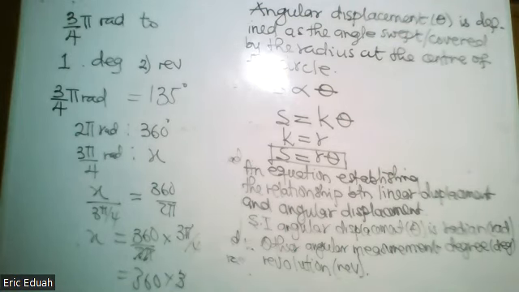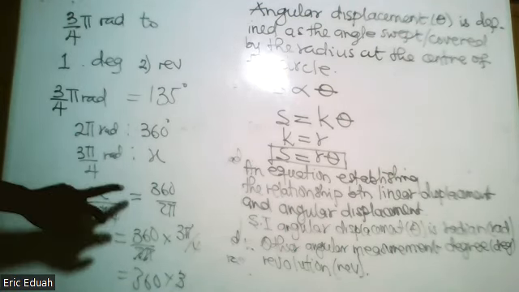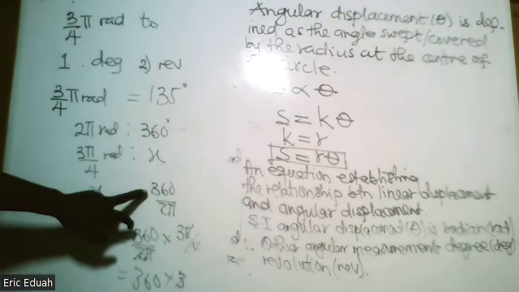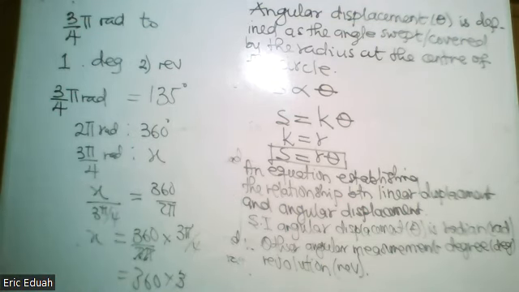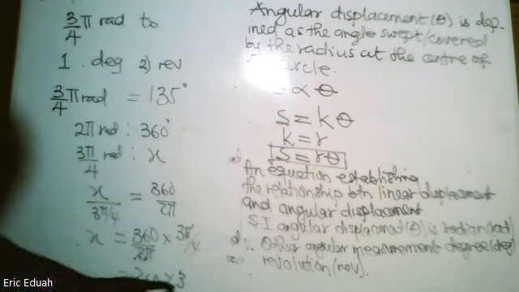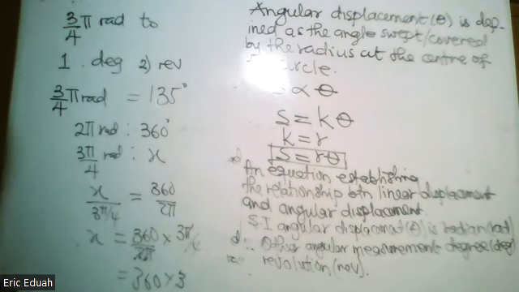So x over this must be equal to 360 over 2 pi. Check and then confirm for me. So that will also check, because this is giving me, I think, 180, which is not right. Let's see what is wrong.